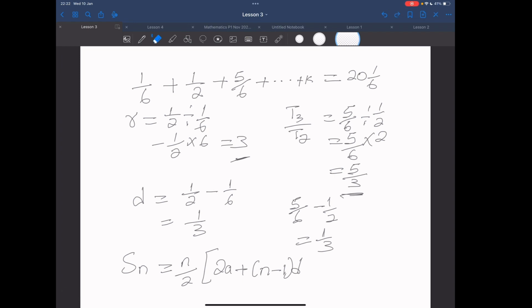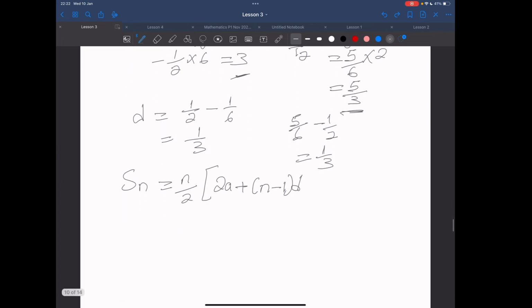We prefer to write this as an improper fraction: 6 times 20 plus 1, which is 121 over 6. So we write it as 121 over 6. This n is what we are actually looking for, so we leave it that way.